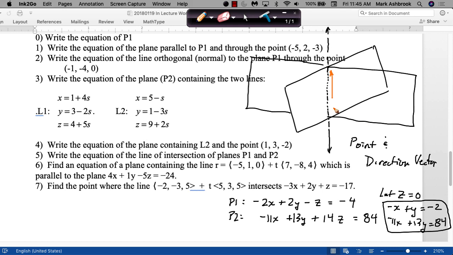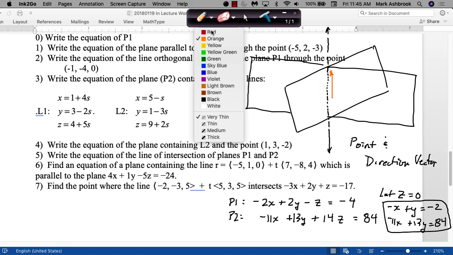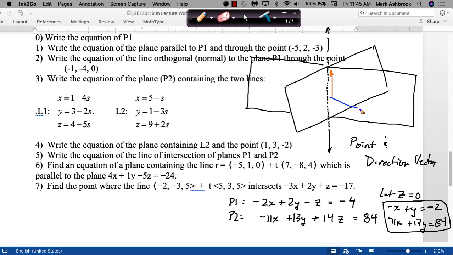So what do we know about these planes, right? I got a perpendicular vector that way, right? That's normal to this plane.